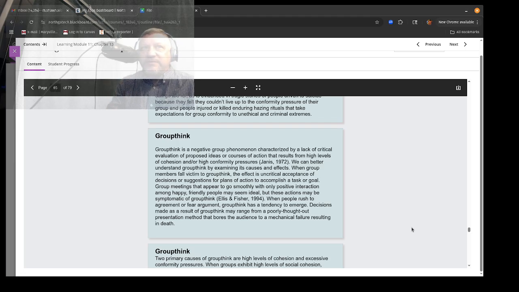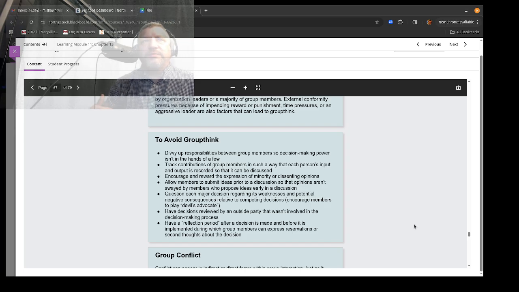High levels of cohesion is a positive. We're all thinking a lot alike, right? And we want to come up with things that work well for others, but then we're conforming our ideas. We're falling into coercion, meaning we're all trying to think so much like each other that we're really not getting the best thought process out. So groupthink isn't always the best.